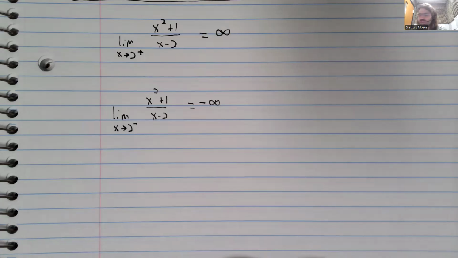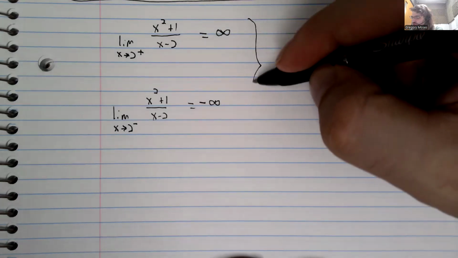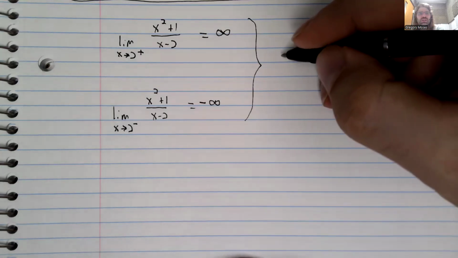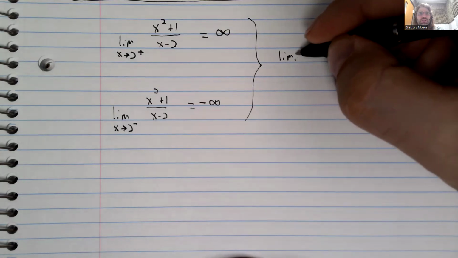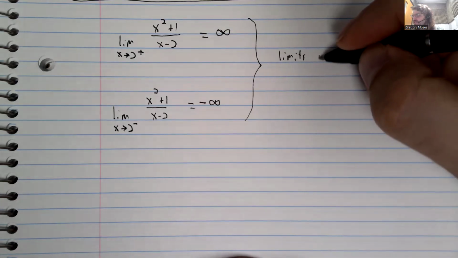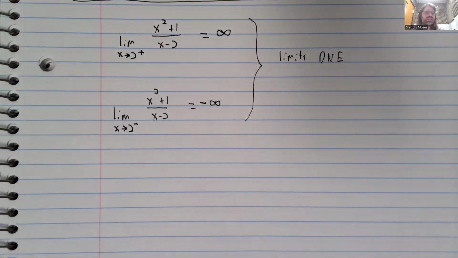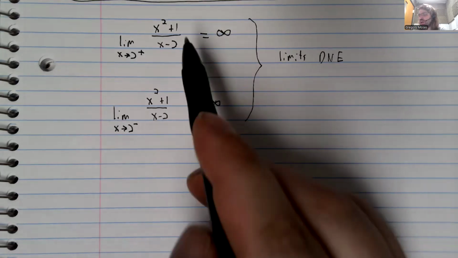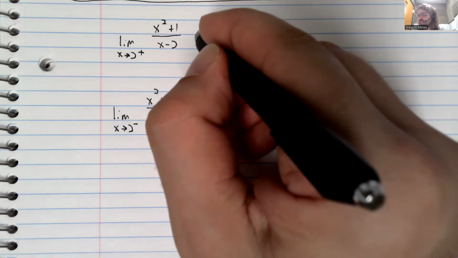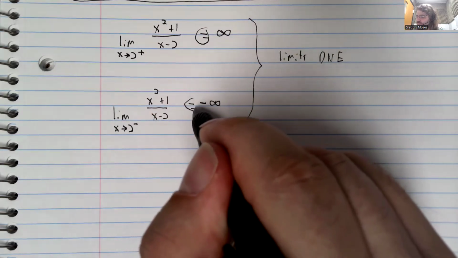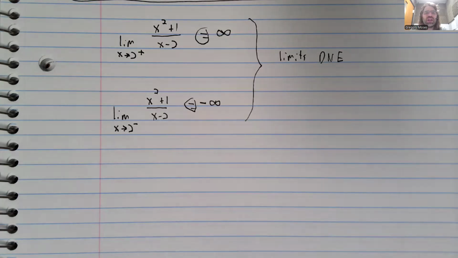And aside from this notation, the only thing I really need to emphasize here is that these limits, these one-sided limits, do not exist. I know I've written an equal sign, I've written two equal signs, but this is just notation.